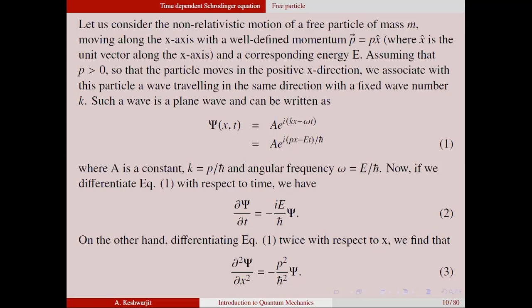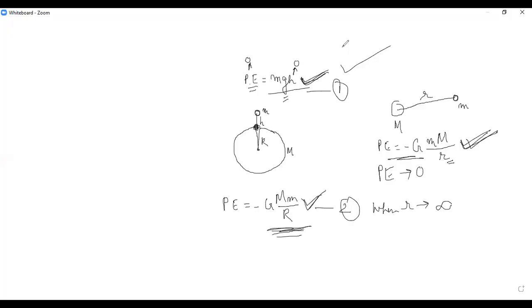Here A is a constant, so we can take it outside. And the partial derivative of e to the power i times something is first e to the power. So let me write it on a whiteboard. Let me clear all drawings first.